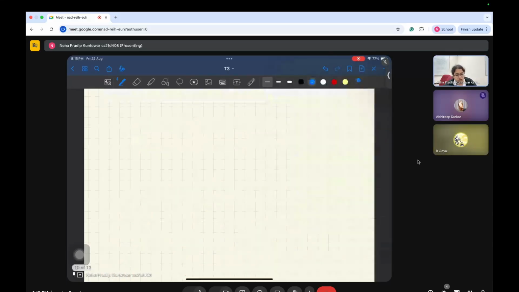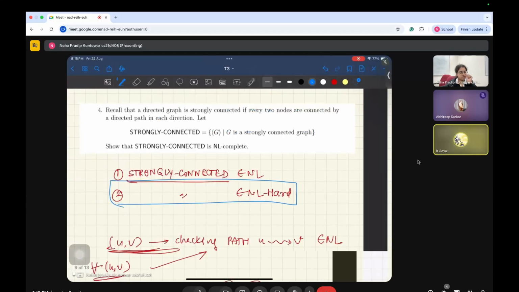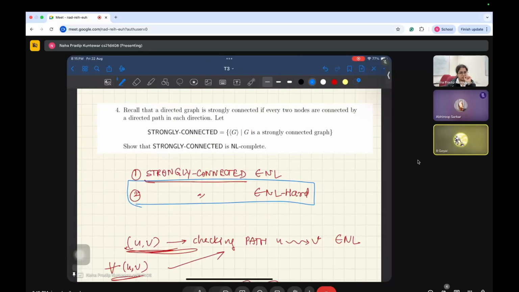Basically I have to check a polynomially large number of reachabilities, from a vertex to any other vertex, and in both directions. So I need to check 2 times NC2 reachabilities, and since every reachability is NL complete, this problem is at least as hard as reachability. Therefore, this problem is NL hard as well.